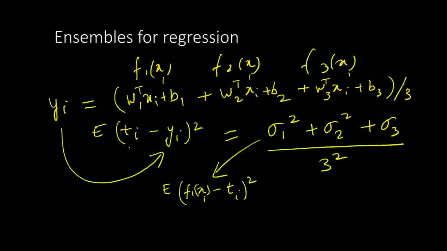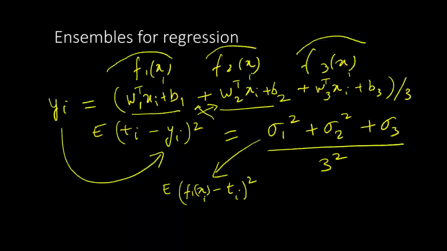Whenever we have the yi squared term, in that term we will have the squares of these individual terms, and we will have cross terms. So assuming everything is 0 mean, the cross terms only go to 0 when the constituents are uncorrelated. So we will assume that the errors are uncorrelated.